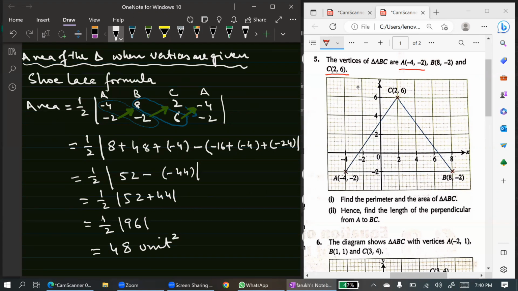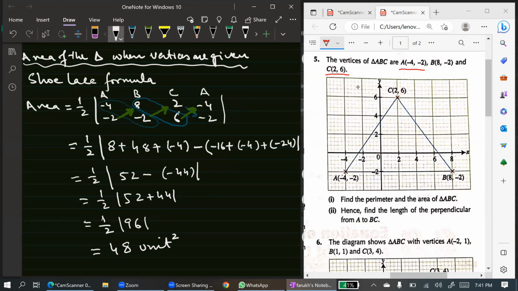Is there any confusion in the formula? No, sir. In applying it, we will use the shoelace rule. We have to write the coordinates of each of the alphabets A, B, C in this format.